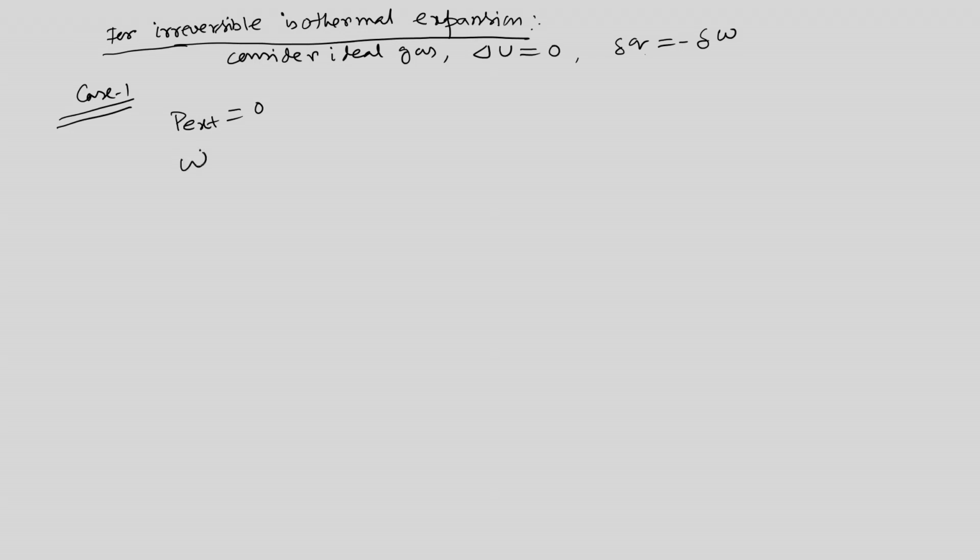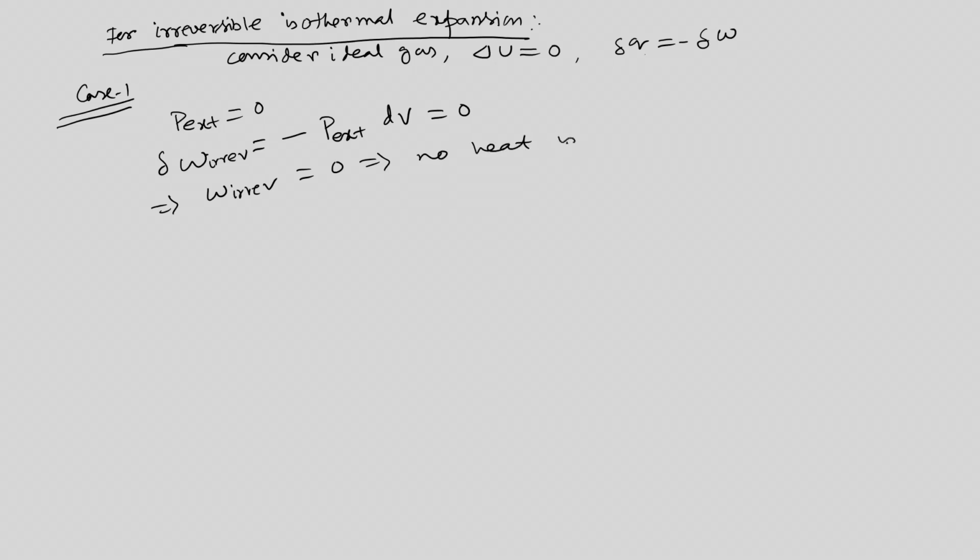So what is your delta W irreversible? It is minus P external times dV, which gives you 0. So W irreversible is 0. So no heat is delivered to the system by the surroundings.